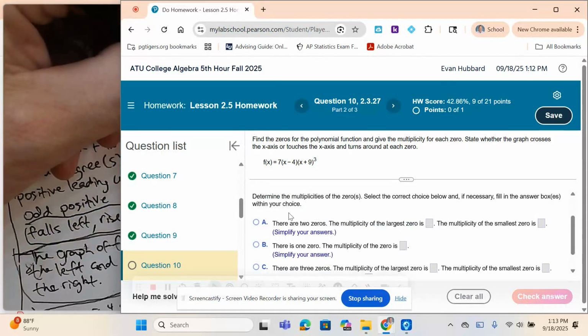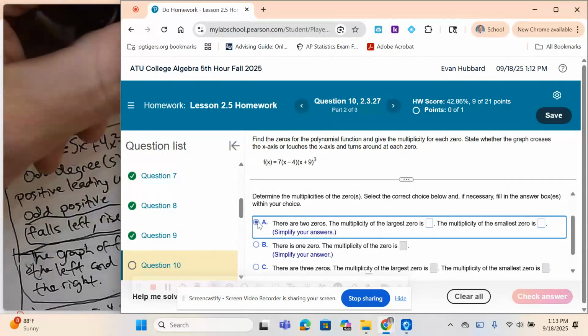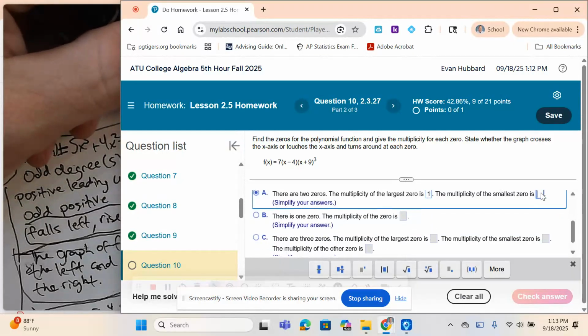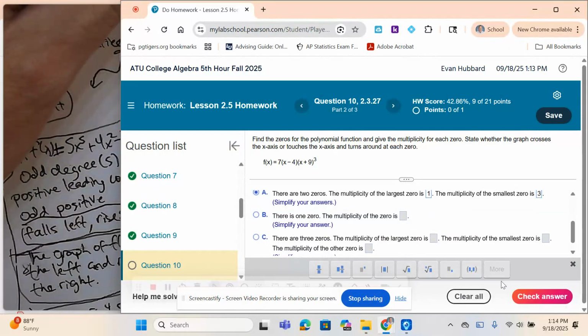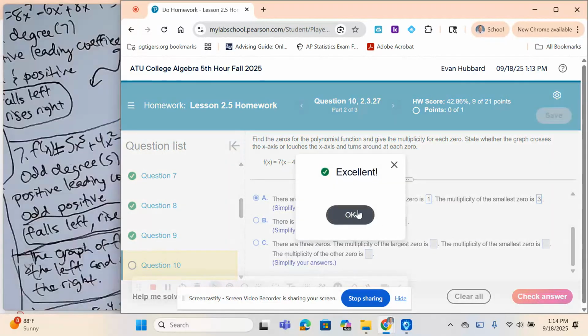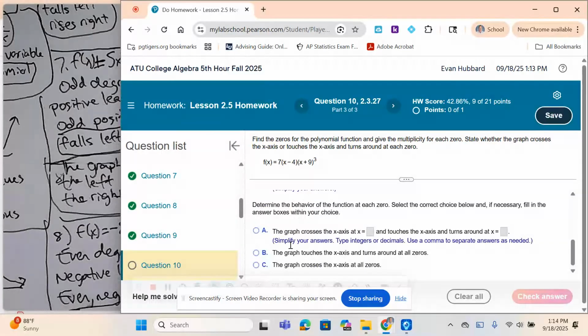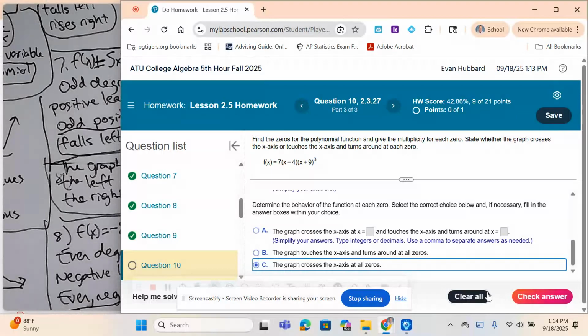There are 2 zeros. The multiplicity of the largest zero is 1. The multiplicity of the smallest zero is 3. Determine the behavior at each zero. So it's going to cross the x-axis at both because it's odd.